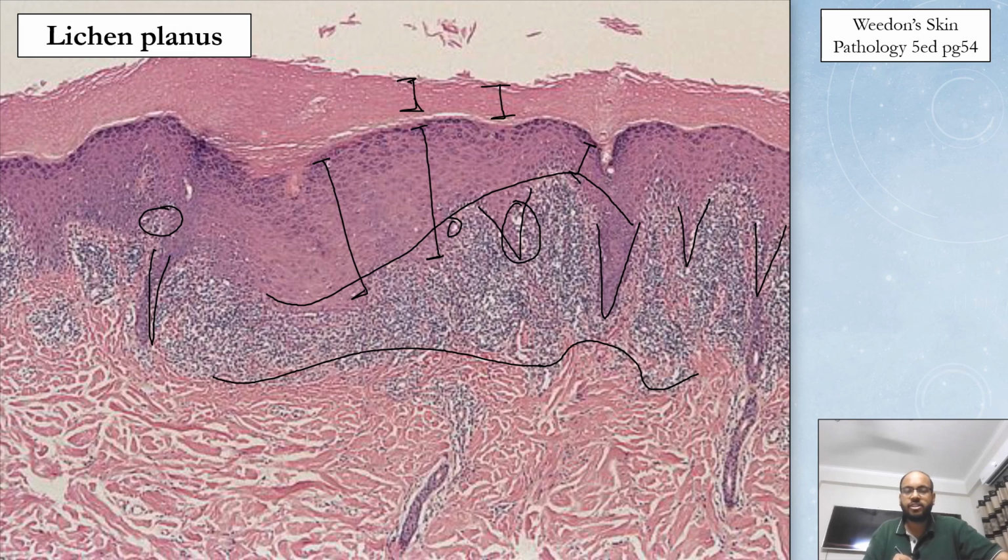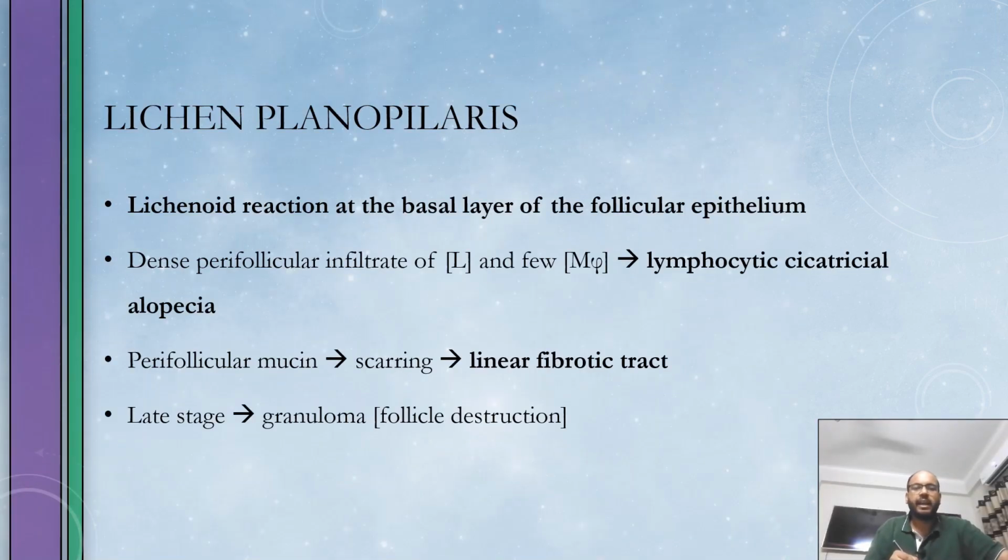There is some extension of the infiltrate at the perivenular or perivascular level, but that is mild. The major infiltrate lies at the junction. And that is why we call lichen planus the prototypic dermatosis of the lichenoid tissue reaction pattern. Let's move forward. In Lichen Planopilaris, there is a lichenoid reaction at the basal layer of the follicular epithelium.